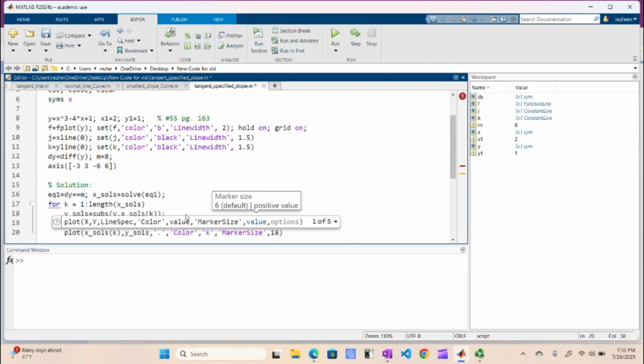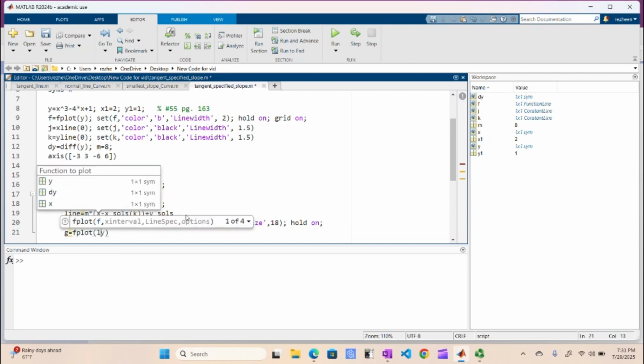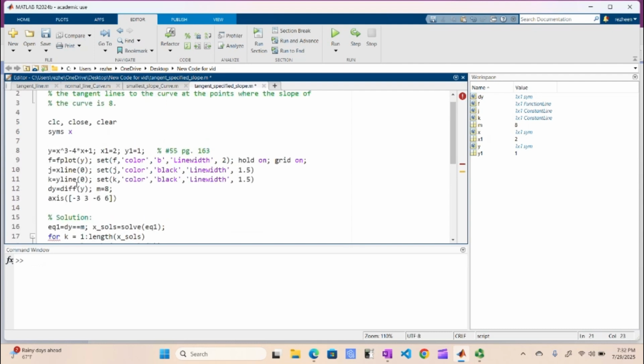All right, and then we're going to plot more stuff. So we're going to say hold on, and G now equals fplot the line. I'm just going to copy and paste here.